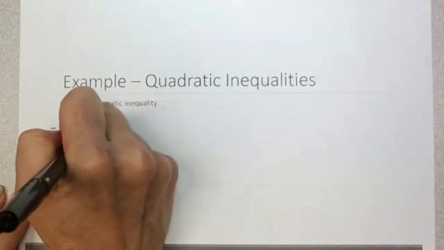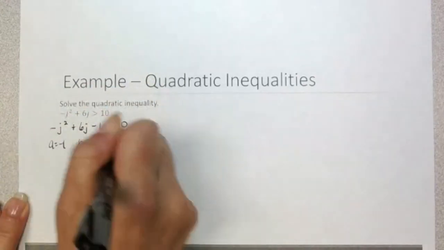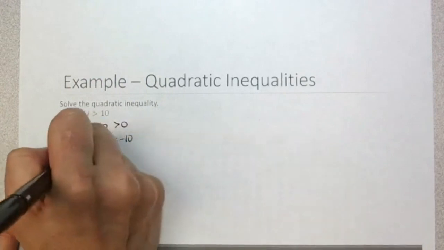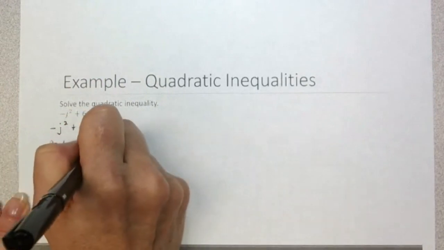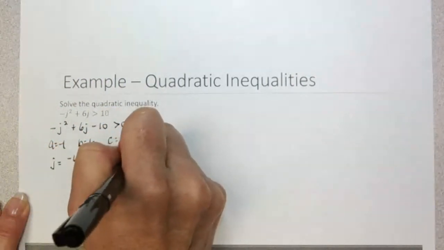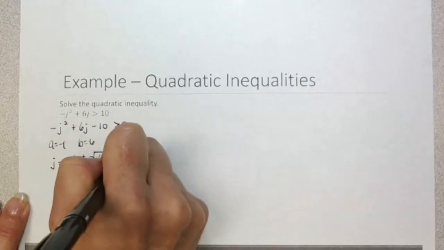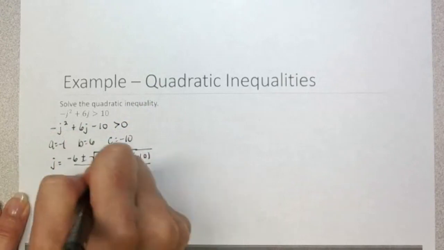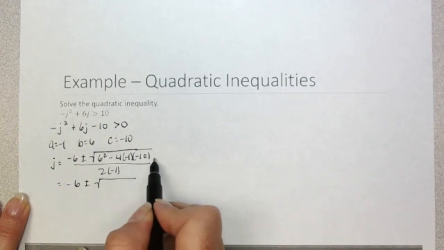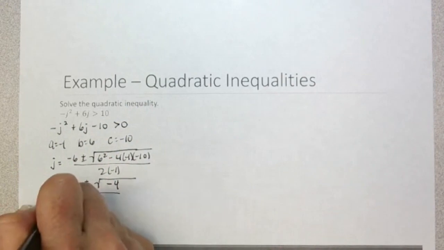So A is -1, B is 6, C is -10. So that means X, or in this case, we're doing J. J is going to be negative B plus or minus the square root of B squared minus 4 times A times C. That's -10. All over 2a, that's 2 times -1. Simplify, that's -6 plus or minus the square root of 36 minus 40, or -4 over -2.